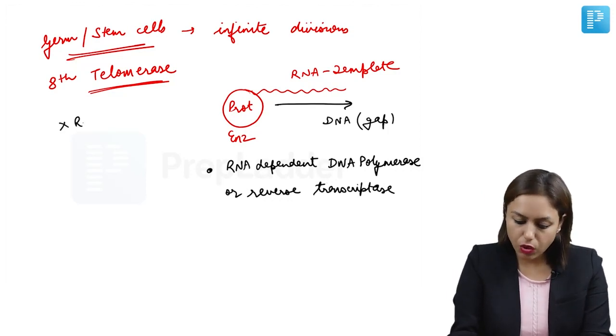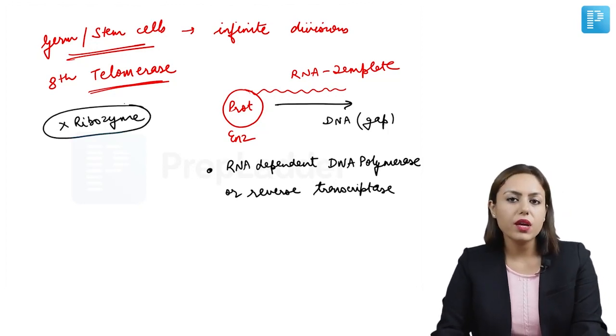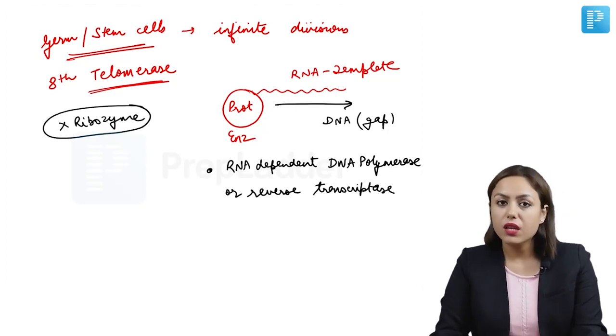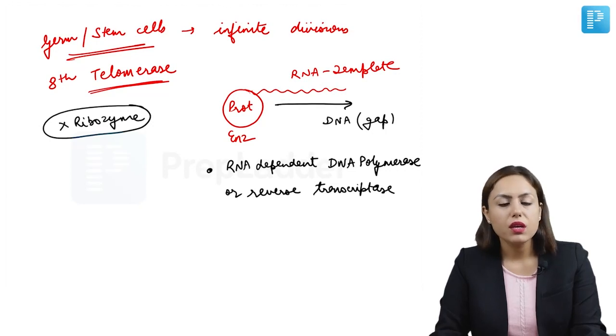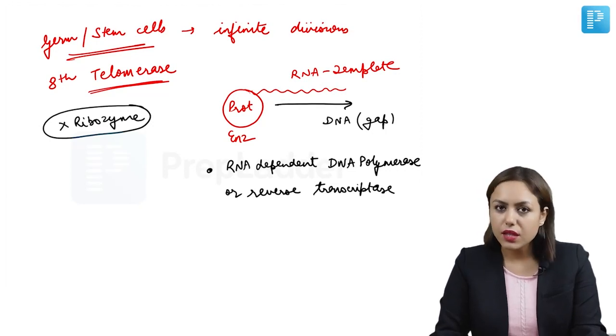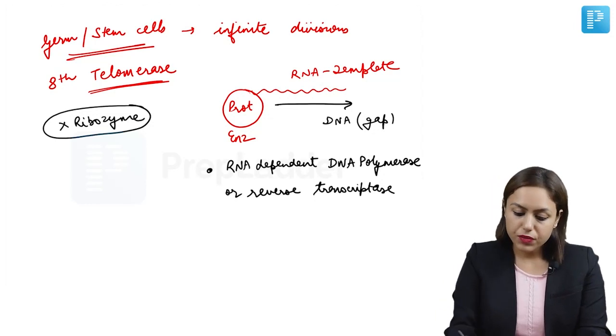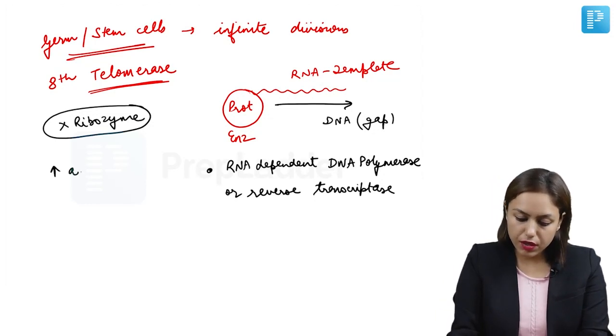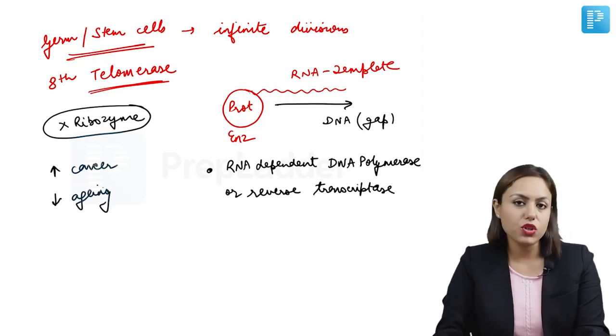And this is not a ribozyme, because ribozyme means RNA having enzymatic activity, but here RNA is not having enzymatic activity. Instead, RNA acts as template, right? And this telomerase activity increases in cancer. It increases in cancer and it decreases with aging, right?